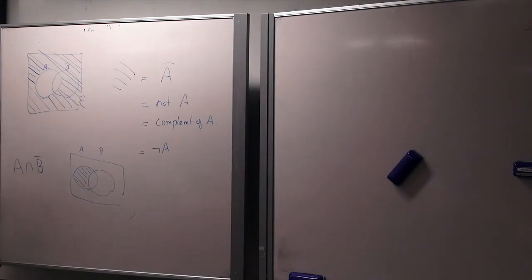So it's the intersection of these two sets here. There's A. B bar is that. Ah, okay. So the only bit that's in both of those is that bit there. Okay. Yeah. Right, thank you.